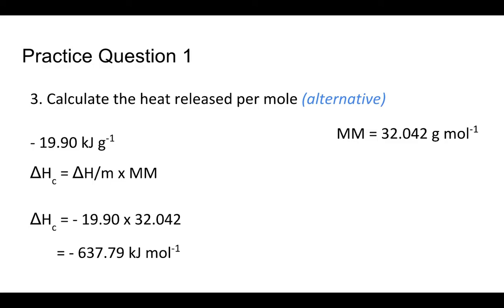If you notice, the value that we get is negative 637.79 kilojoules per mole, which is exactly the same as the value we calculated earlier. So you can use either of the two methods, keeping in mind that this alternative method is only for when you've calculated the heat of combustion per gram initially, and then you can work to moles.